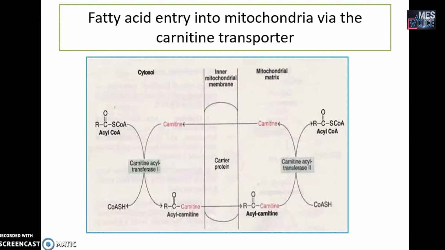Then acyl-carnitine with the help of carrier protein enters the mitochondrial matrix, and inside the matrix the acyl-carnitine then combines with coenzyme A catalyzed by enzyme carnitine acyl transferase 2, and acyl-CoA is formed, and the carnitine is shuttled back to cytosol in order to continue the shuttle.